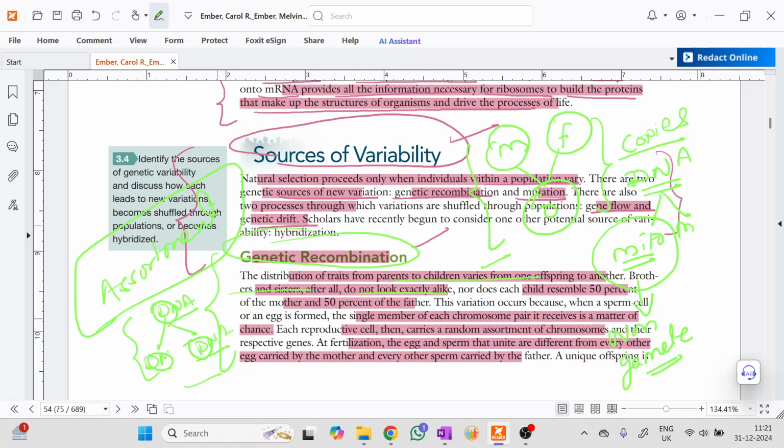But in the case of meiosis, the copying mechanism varies slightly, and this variation is in the form that the offspring inherits a random assortment of DNA material from its parents.